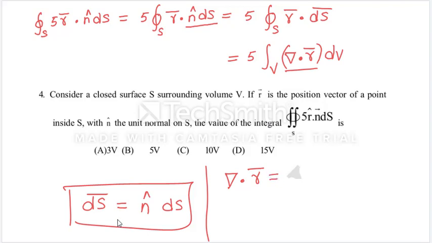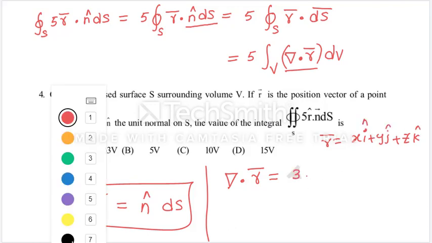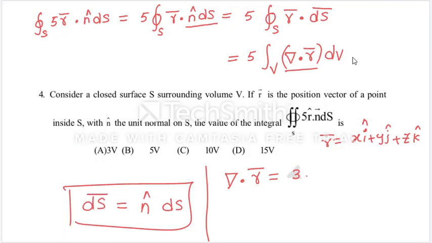What is r? It is a position vector, which is given as r bar equals xi plus yj plus zk, and this divergence is 3. So we replace the divergence value here.